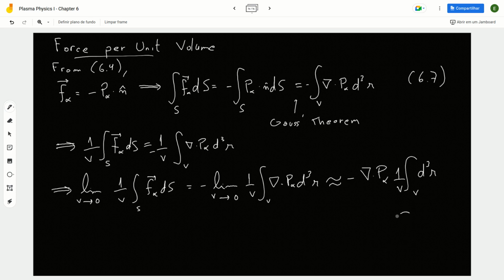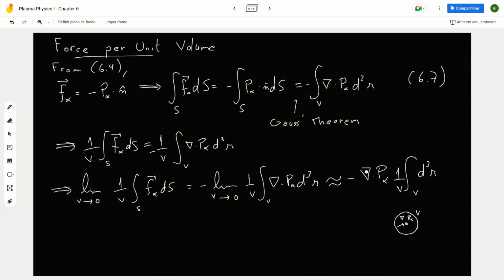So we had a volume V, and you have a central point here. You're computing the divergence of P. But since this is shrinking, I'm taking the limit of the volume going to 0. This is going to shrink towards a single point.